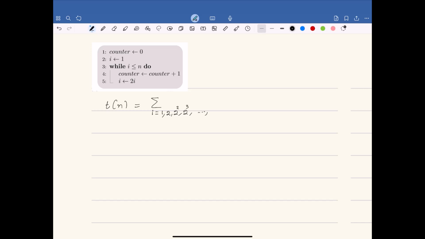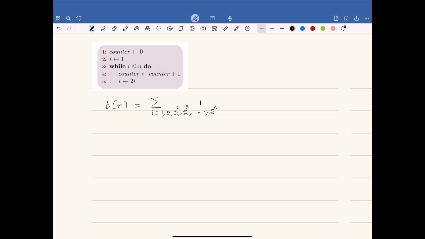All values of I are power of 2. And eventually, in the last iteration of the loop, its value becomes a number that is also a power of 2, and this number is represented by 2 to the power of k. Since we are counting how many times the loop is repeated, then we need to have 1 for the summation.